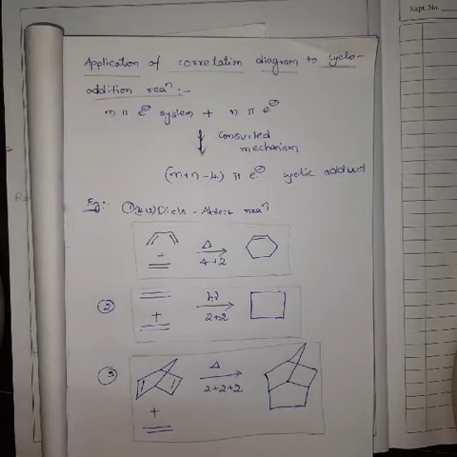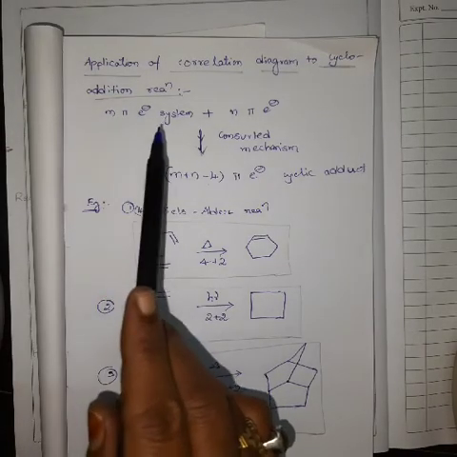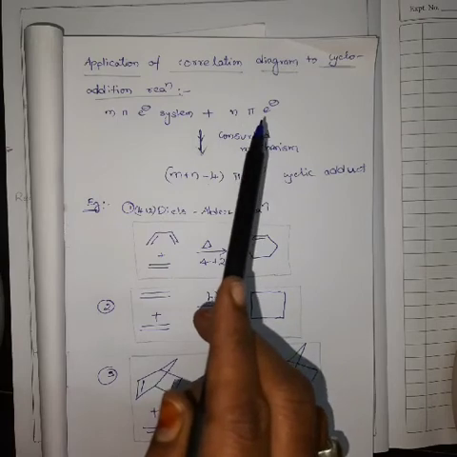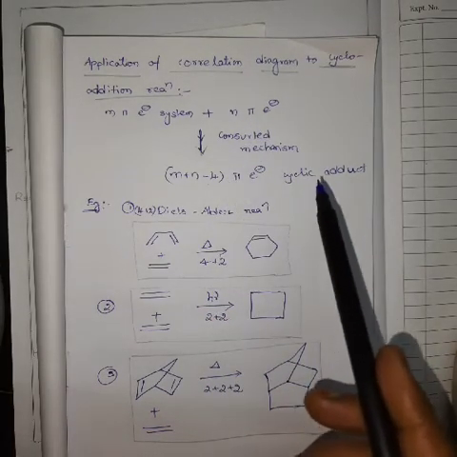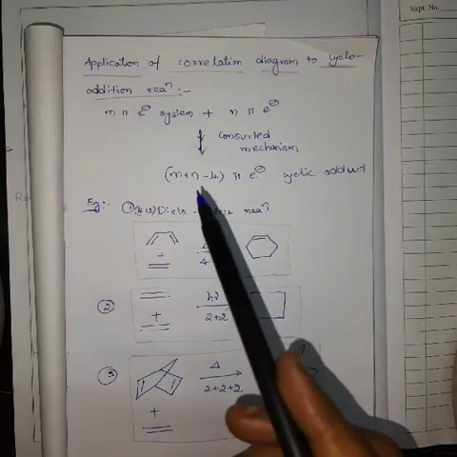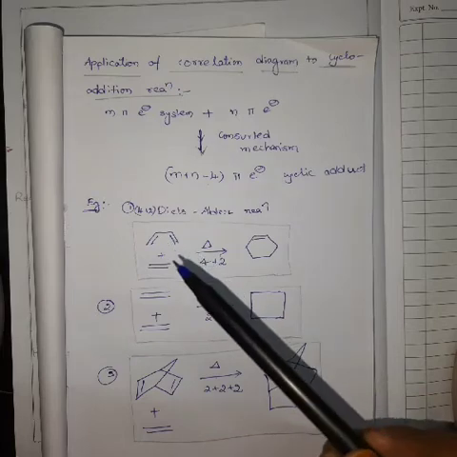Cycloaddition reactions are concerted reactions, in which a system with m pi electrons adds to a system with n pi electrons and forms a cyclic product or adduct with m plus n minus 4 pi electrons.